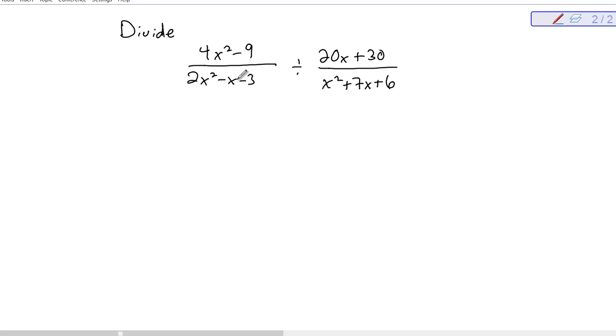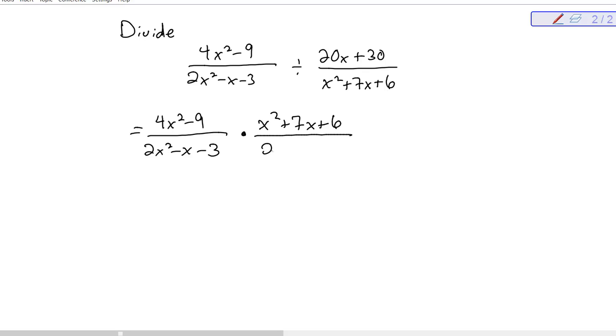Okay, it's division. So my first step is to keep my first fraction and change it to multiplication and then flip my second fraction. So I now have x squared plus 7x plus 6 over 20x plus 30. Now I need to factor.